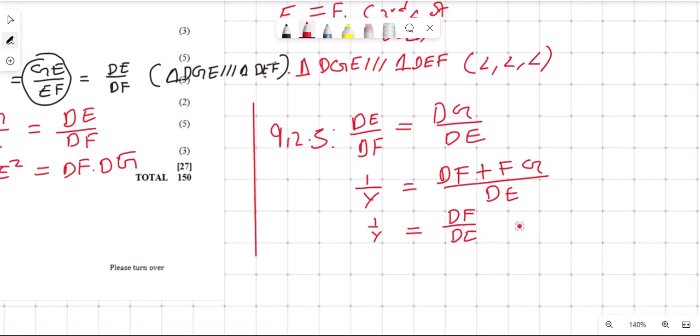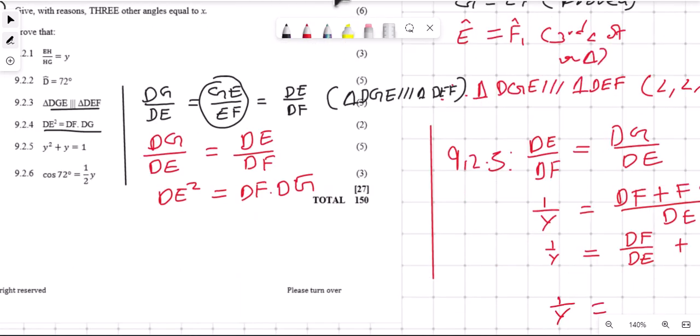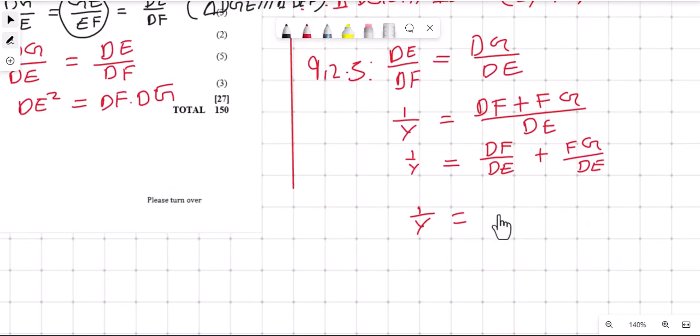Is that correct? Yes. 1 over y is equal to DF over DE, which is y. So I have my y here.